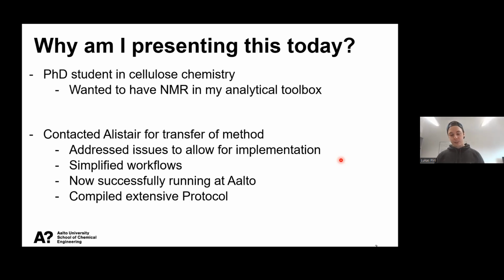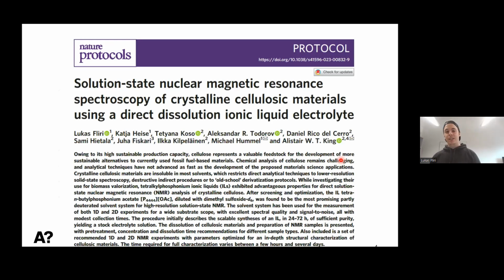And because we thought maybe other researchers are also interested in implementing this method, we summarized the journey of this process to an extensive protocol. And I may proudly present it got finally published last week in Nature Protocols, our solution state NMR cellulose protocol.